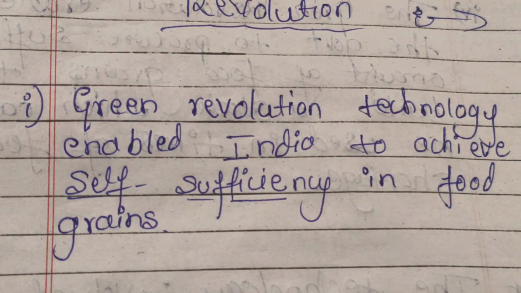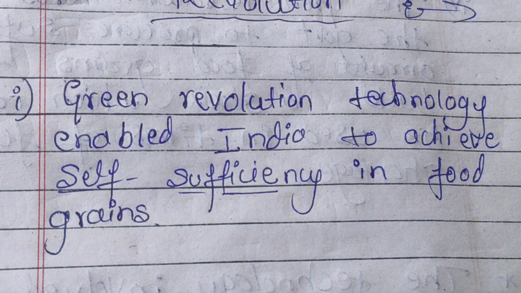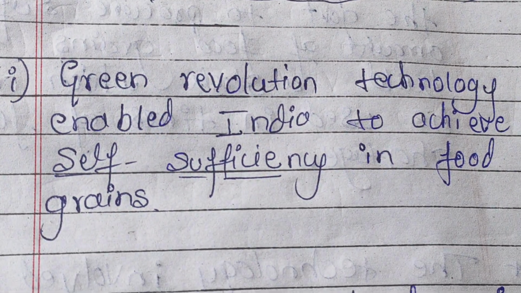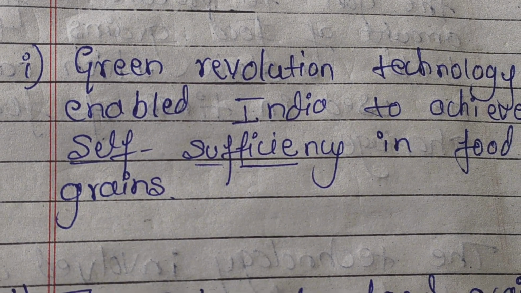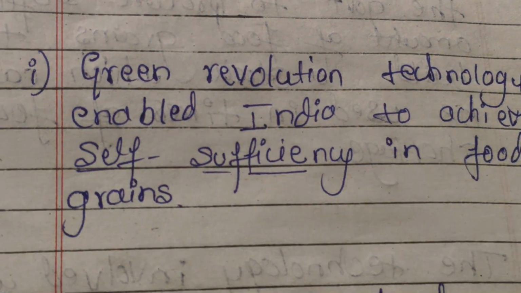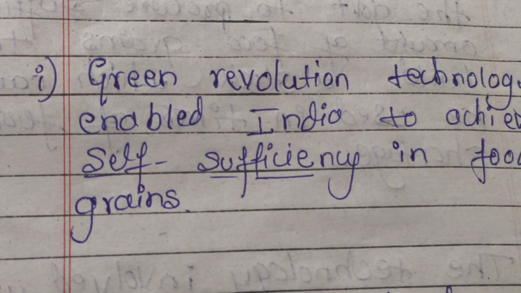First, green revolution technology enabled India to achieve self-sufficiency in food grains. Yes, dear students, we already discussed that. India was a dependent country for food grains.